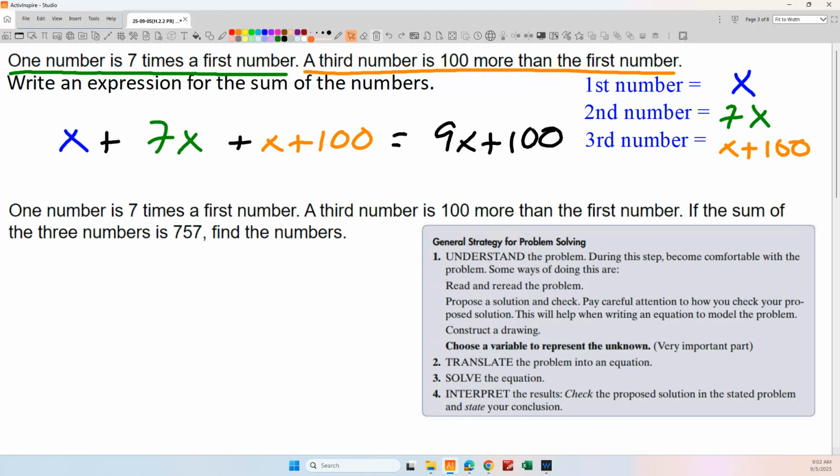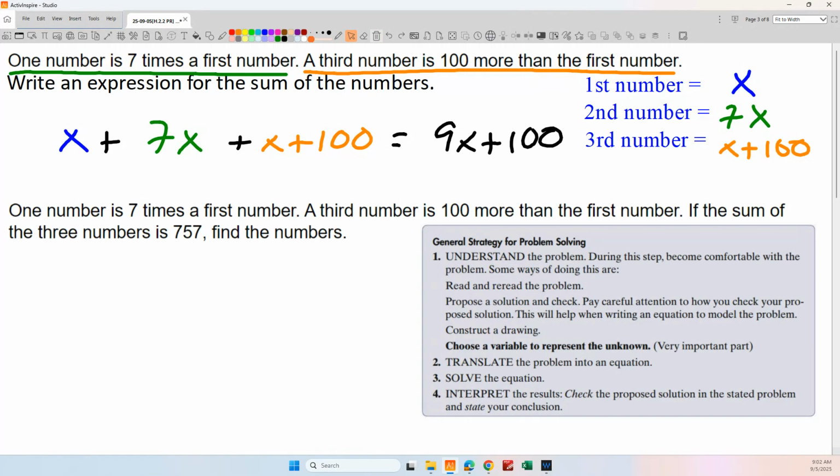If the sum is 757, what's that give us? It gives us an equation, right? If we're asked to find something, find implies I'm solving, right? I'm solving for something. In order to solve for something, I must have an equation or a system of equations or something like that, right?